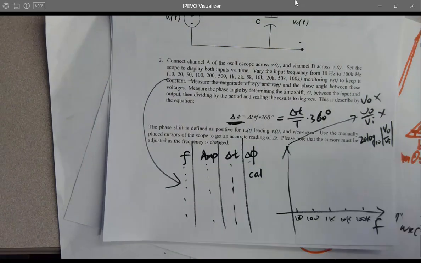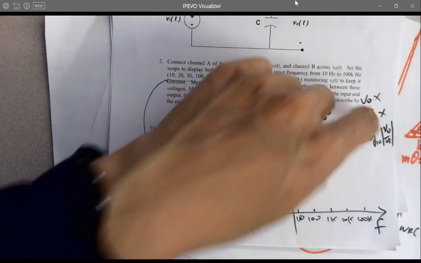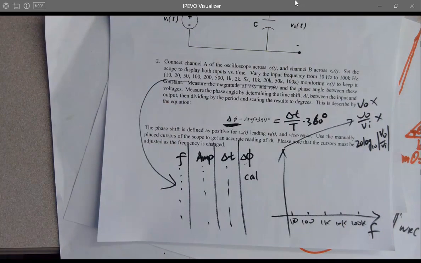Why do we use 20 times log instead of the linear one? That's right, yeah. So you can put all the data in one plot instead of extending it all over different places.